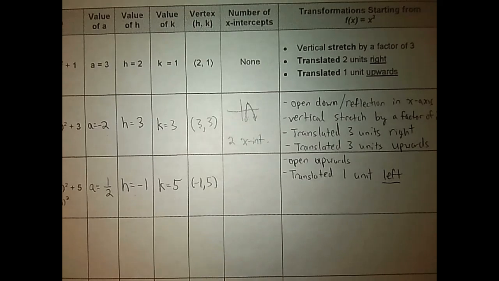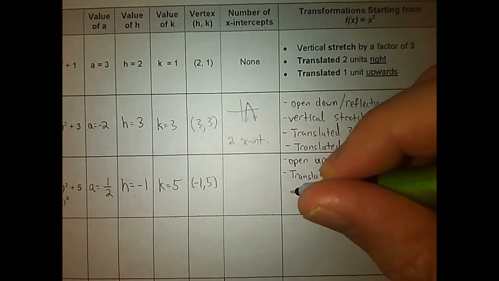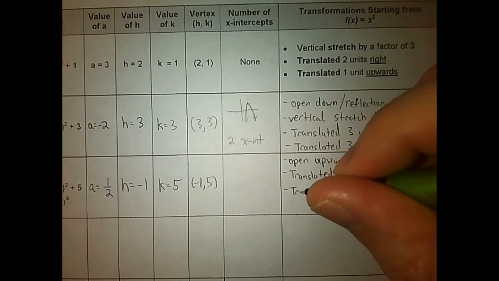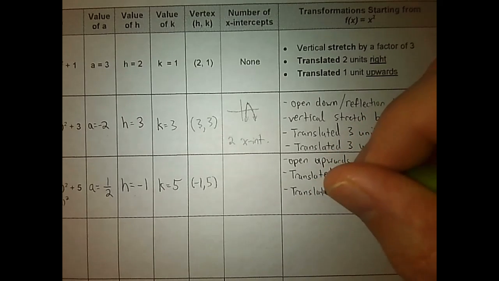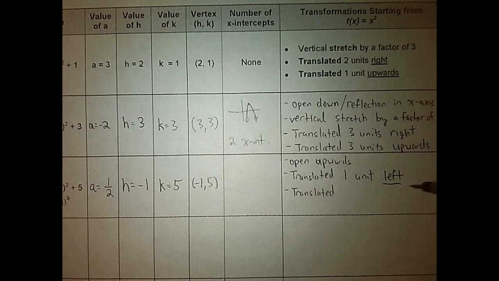Our k value is 5. So we're going to have translated 5 units, because k is 5, 5 units upwards, because k is a positive value.